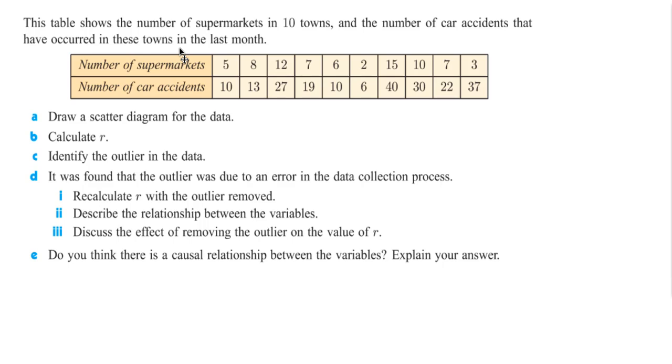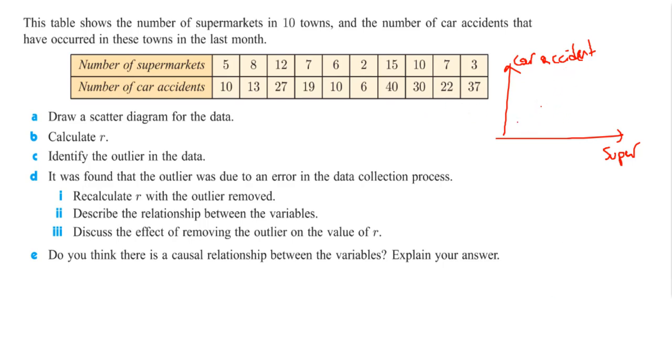First, draw a scatter diagram. We know how to draw a scatter diagram, just with X and Y. For X, let's put the supermarkets and the car accidents for Y, because I don't know for sure now which is dependent and independent. I just put them randomly, and I put my points.